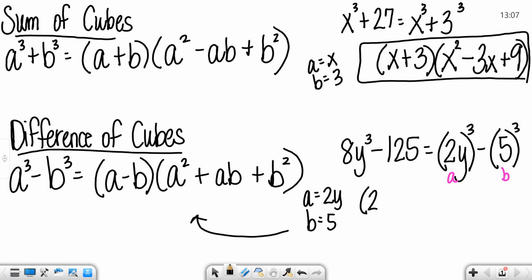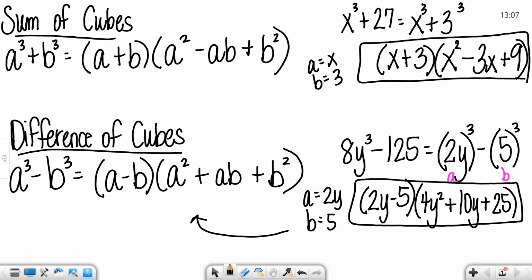So we start with A minus B times a squared is going to be 2y squared, which is 4y squared, plus a times b would be 10y, and then plus b squared would be 25.